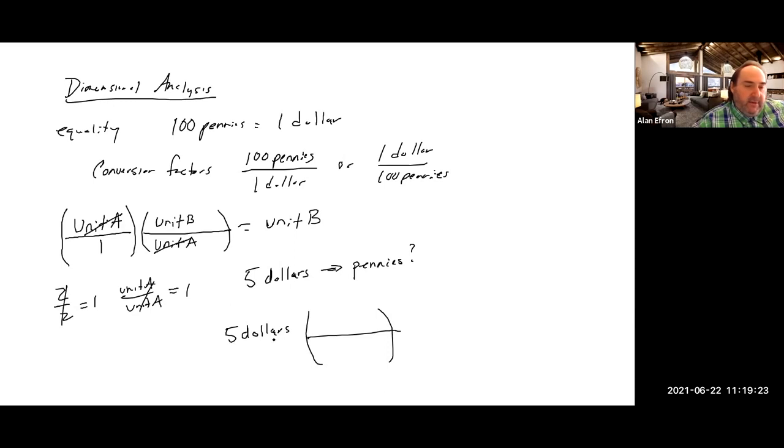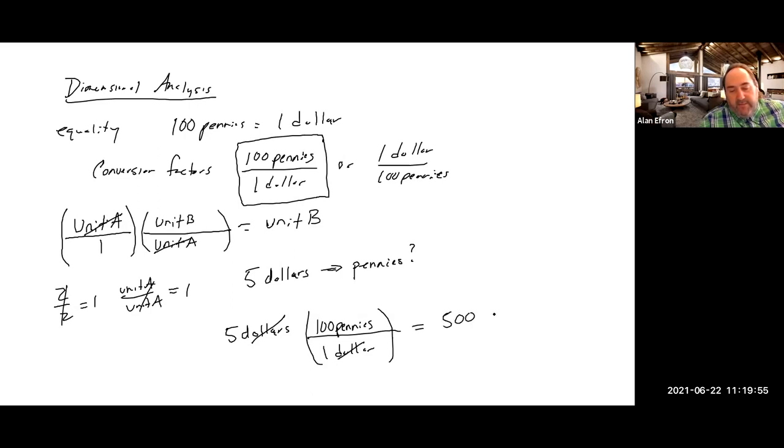Even though the dollars is not written as a fraction, the dollars are on top, which means in order for it to properly cancel, we would need to use the conversion factor where the dollars are in the opposite location, on the bottom. Technically we would be taking 5 times 100 and dividing it by what's on the bottom, which is $1. The dollars will cancel, giving us 500 pennies.